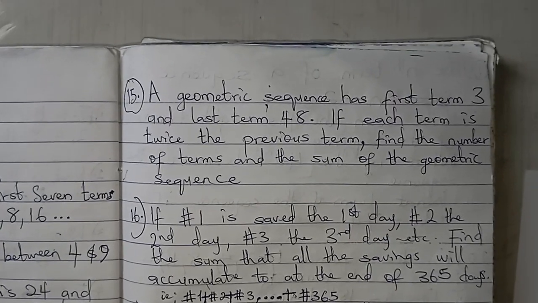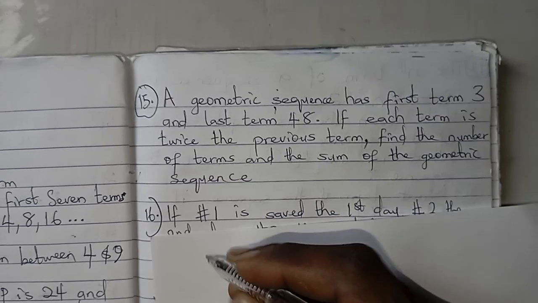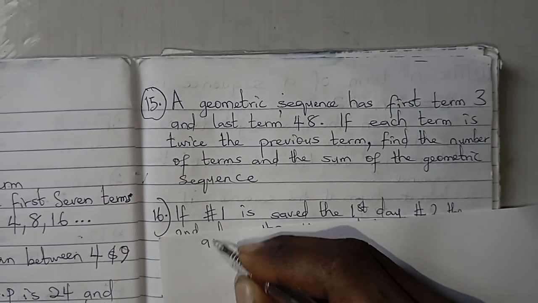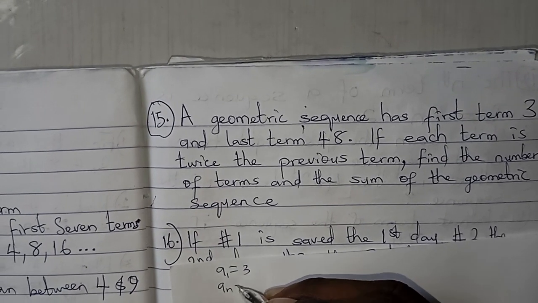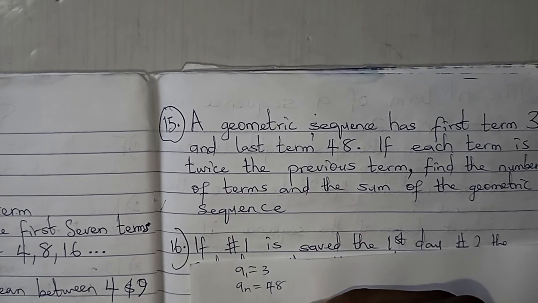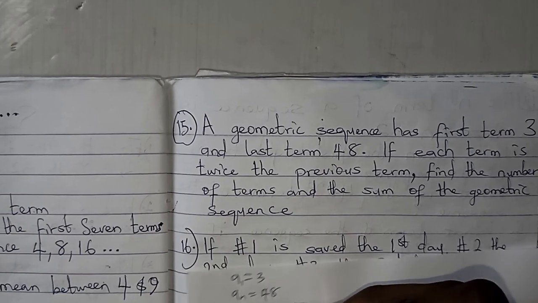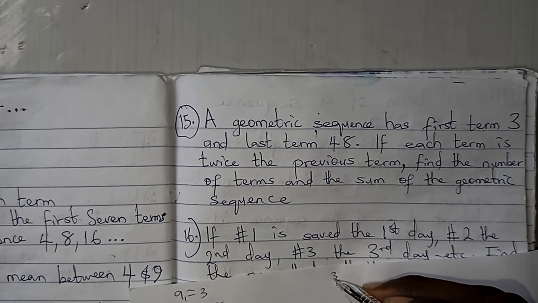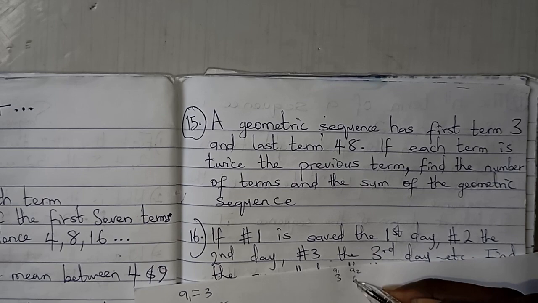So the question says a geometric sequence has first term 3 and last term 48. A1 equals 3 and An equals 48. If each term is twice the previous term, let's have A1 which is 3. A2 is 3 times 2, 6.